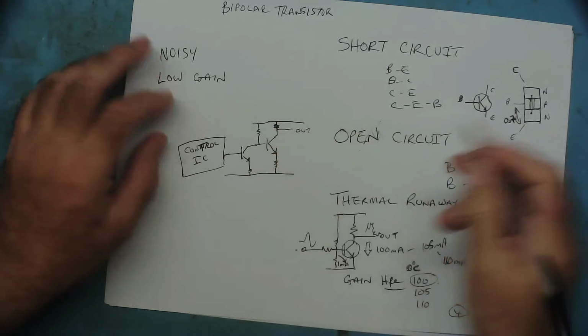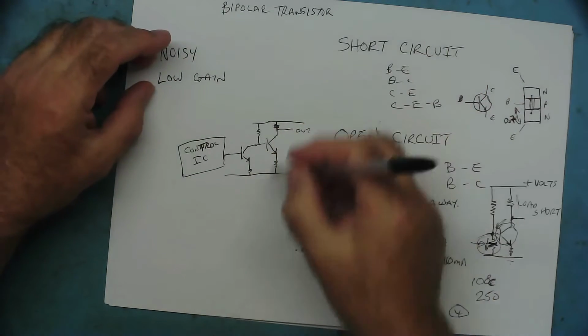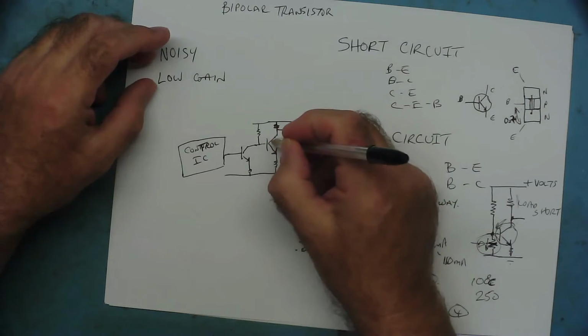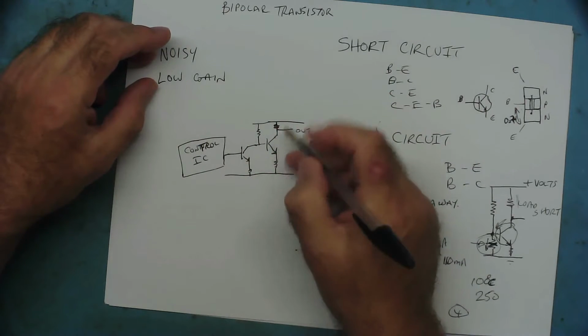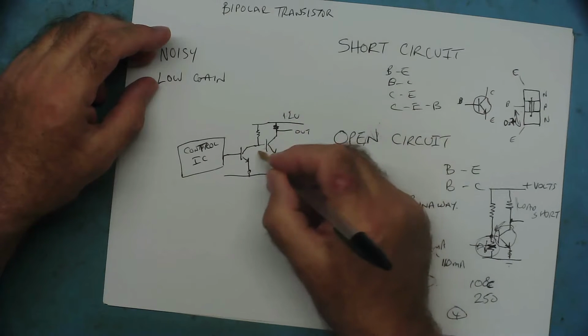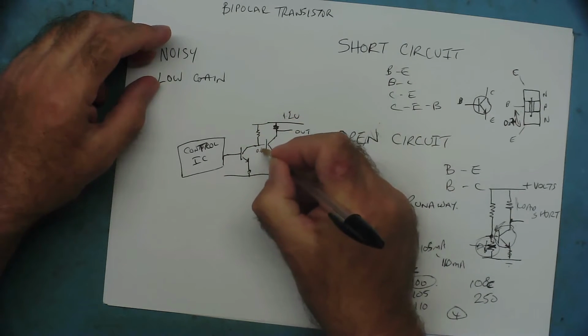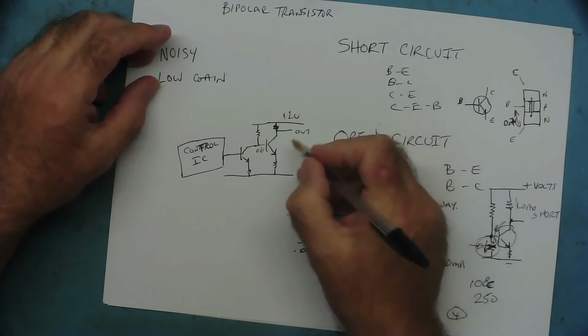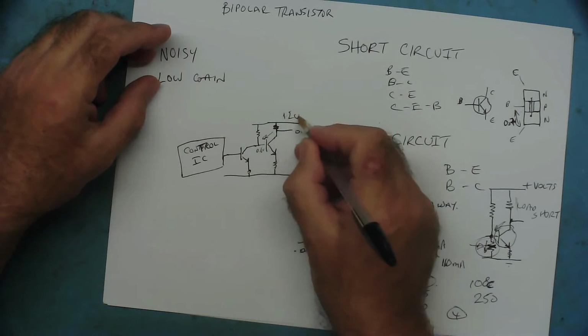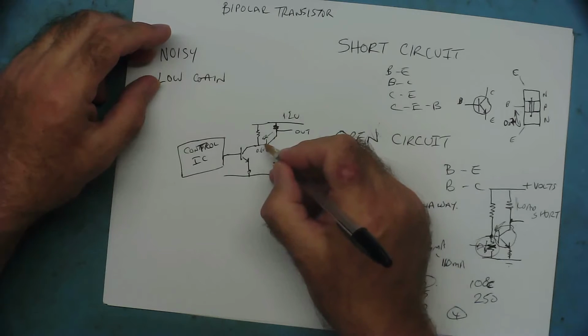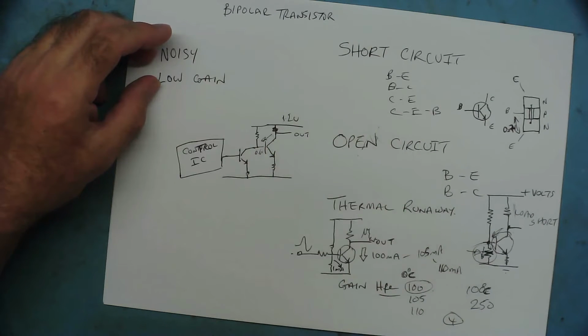What I'm trying to point out though is this: if this transistor goes short circuit from collector to emitter, say this is 12 volts up here, and this obviously is biased to have like 0.6 volts on here when the transistor's turned on. If this goes short circuit this way, the 12 volts will come right through into the base, and it can go into this transistor as well.